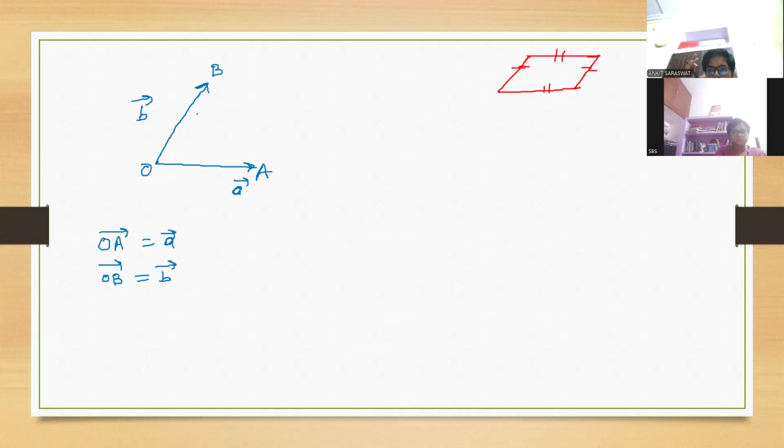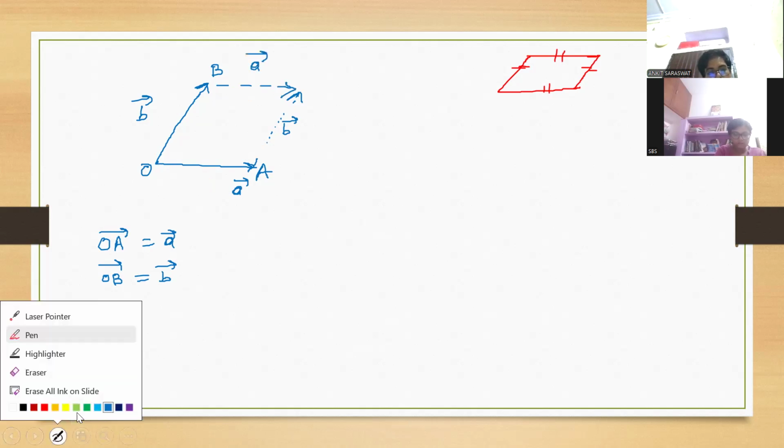We can shift the vector parallelly without changing its magnitude and direction. So we will shift this vector like this. If this is B vector, this is also B vector. Similarly, I will shift this vector like this. If this is A vector, this is also A vector. Is it clear?